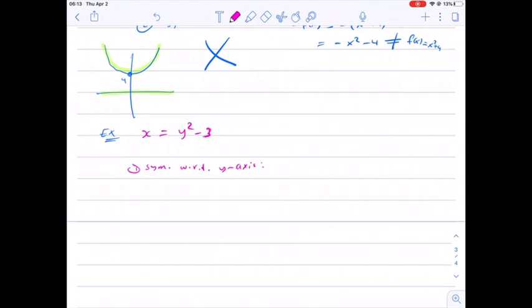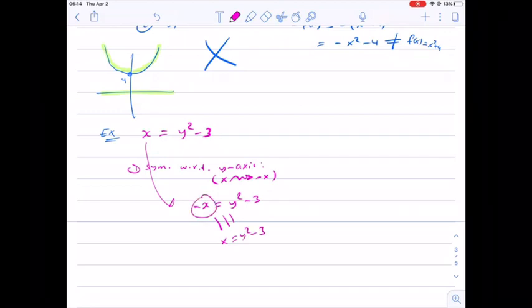That means we change the sign of the variable x. This becomes negative x equals y squared minus 3. But this is not equivalent to x equals y squared minus 3 because x is not equal to negative x. So here, no, we don't have symmetry with respect to the y-axis.